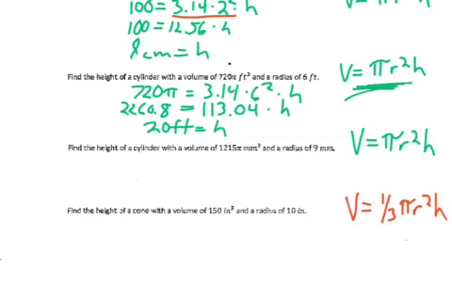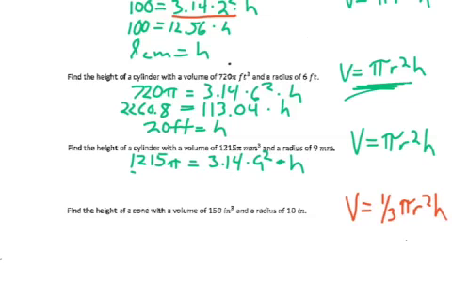Okay. One more on this page. So now we're still dealing with the cylinder. So same formula here. So let's go ahead and do this one. So this time it is 1,215 times pi equals pi, which is 3.14, times our radius. It's nice, they're giving us the radius again, times our height. So now do 1,215 times pi.